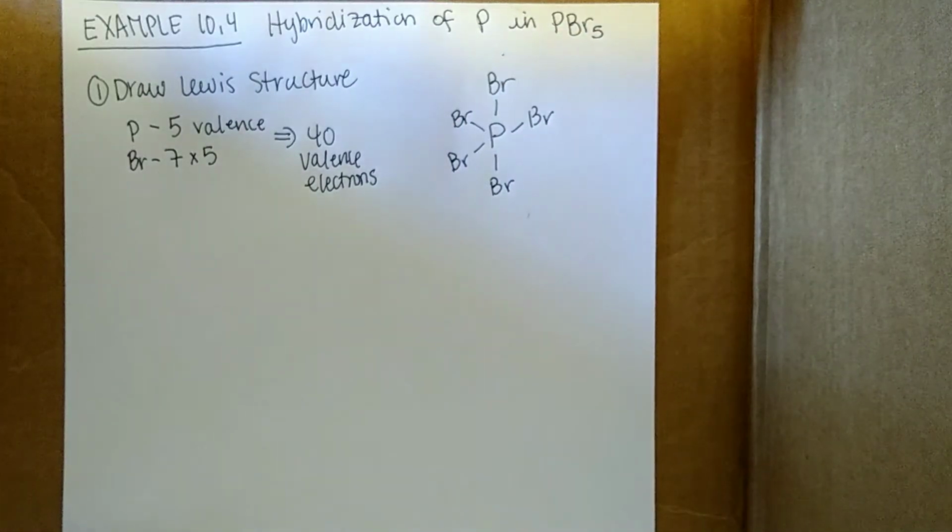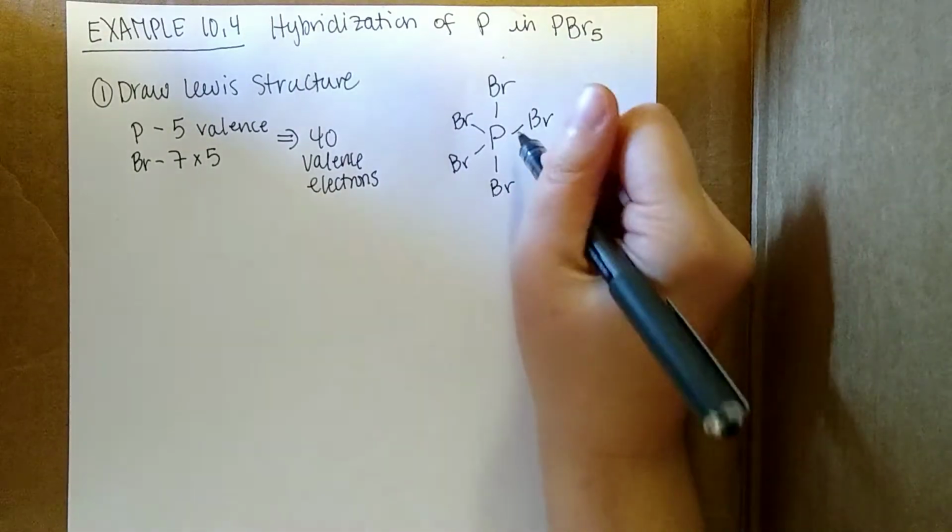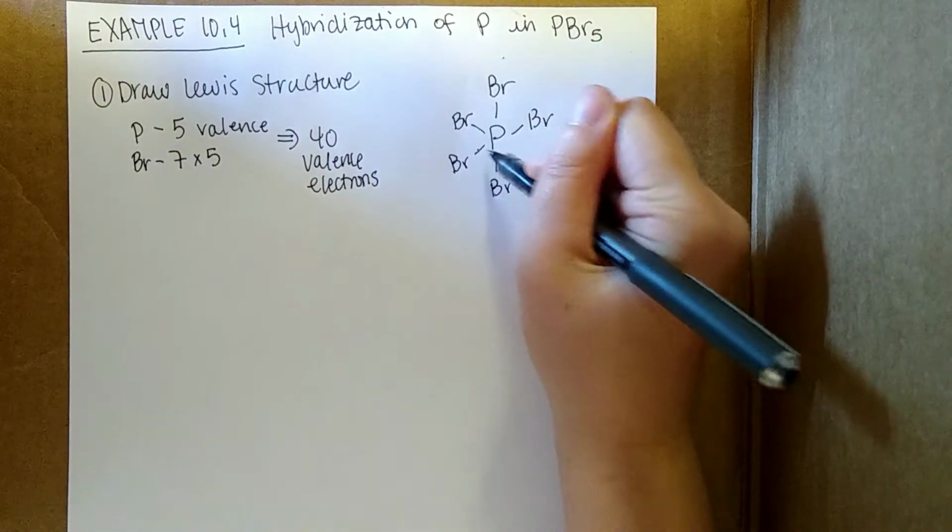Now the final thing we have to do is place our remaining electrons to make sure that we don't have any lone pairs on our central atom. So let's do that. So far we have 2, 4, 6, 8, 10.